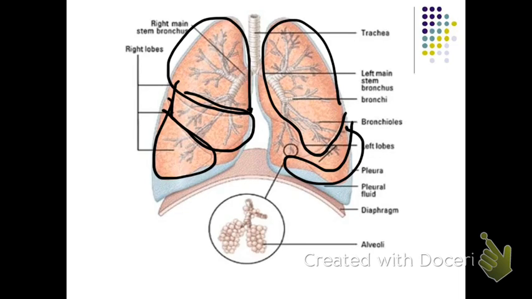And then this blue space occupies the pleural fluid, and the lungs rest just above the diaphragm. And you're able to see in this image the main bronchus, the bronchi, and the bronchioles, which eventually make their way all the way down to the alveoli.